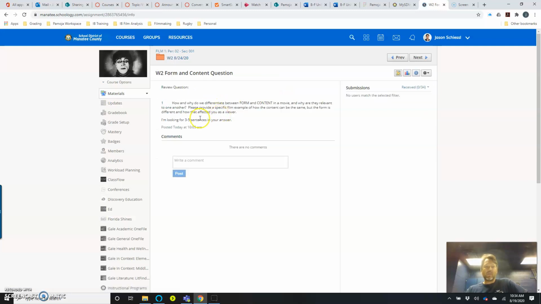All right, look at the review question. How and why do we differentiate between form and content in a movie, and why are they relevant to one another? Please provide a specific film example of how the content can be the same, but the form is different. So really we're looking at maybe there's like 2 films that tell the same story, like Cinderella.